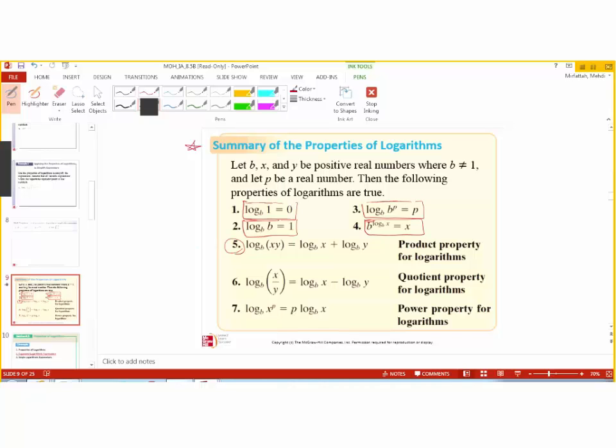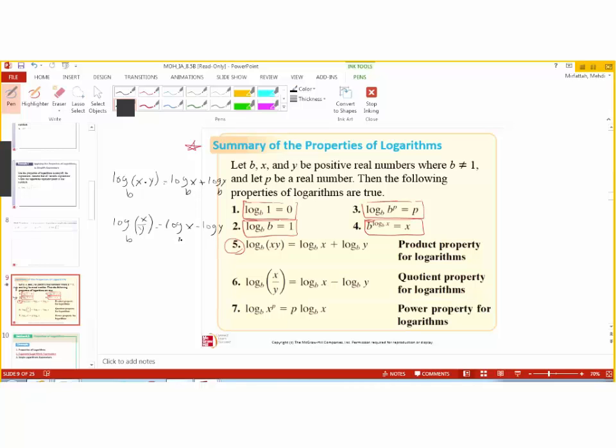Now, number 5, if I have log of x times y, this is the same as log of x plus log of y. The base has to be the same for all of them. Now if I have log of x over y, this would be log of x minus log of y.